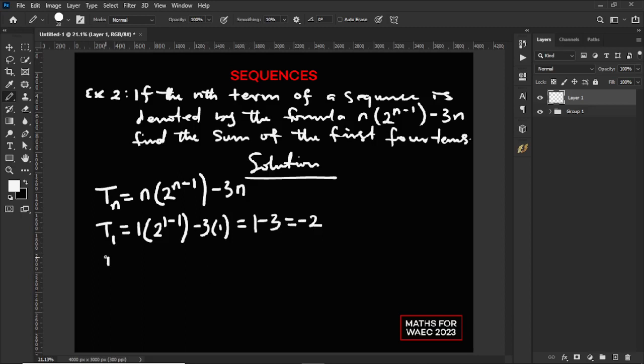So we'll find T2 now. Looking for T2, we have 2 into brackets 2 raised to power 2 minus 1 minus 3 into 2. So 2 raised to power 2 minus 1 will give us what? 1. Then 2 raised to power 1 will be 2.